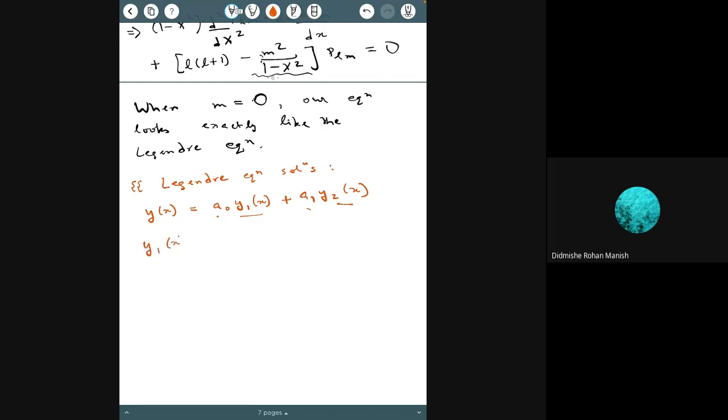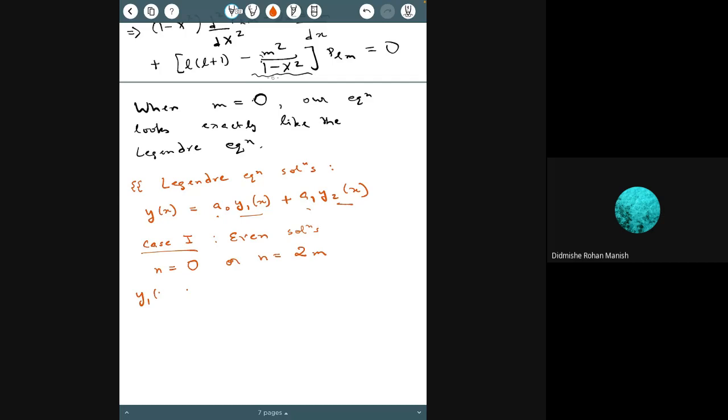y1(x), let me see. Here also there are two subsets of solutions, since there are two functions. Case 1 is when n is equal to 0 or n is equal to 2m, which means basically the even solutions.